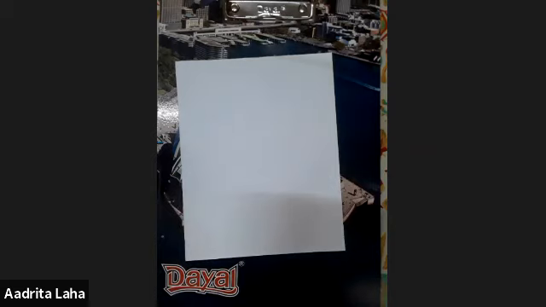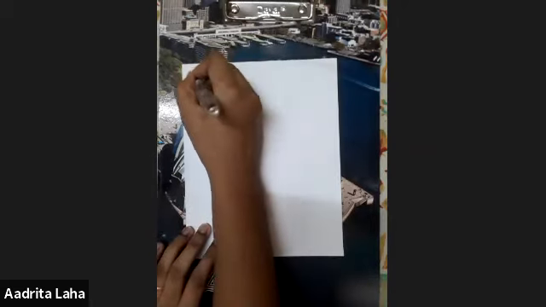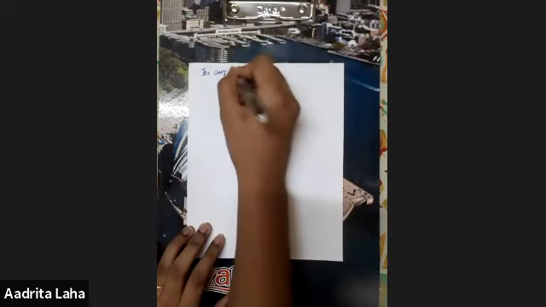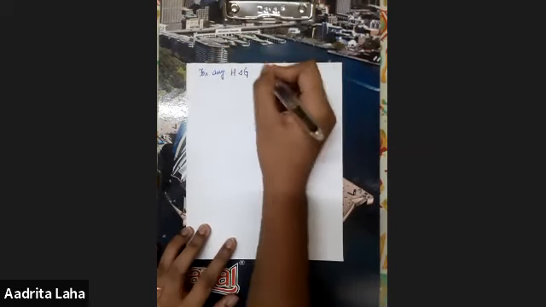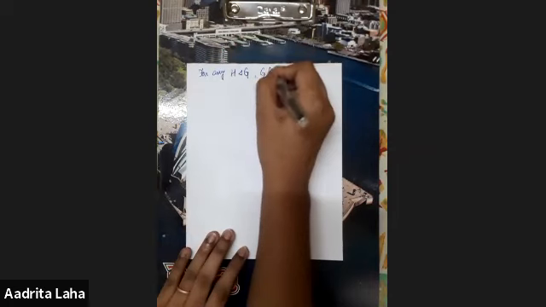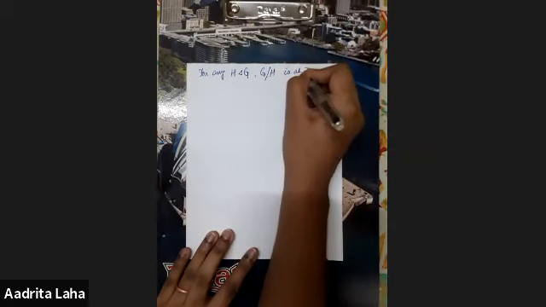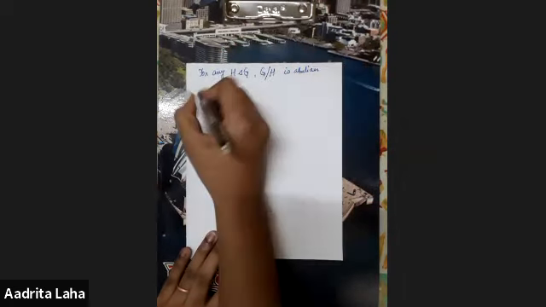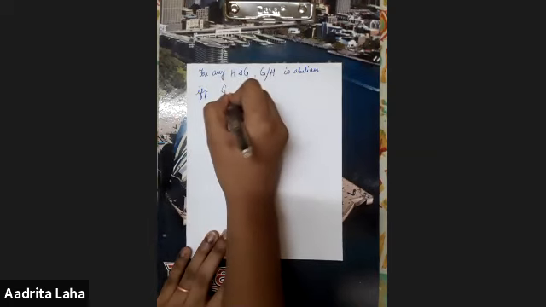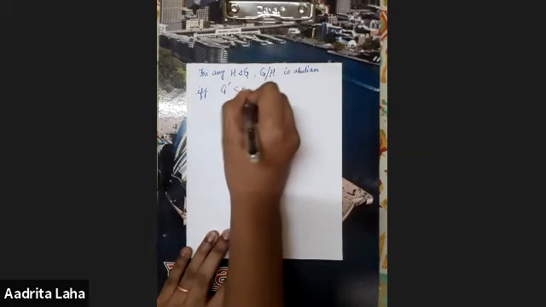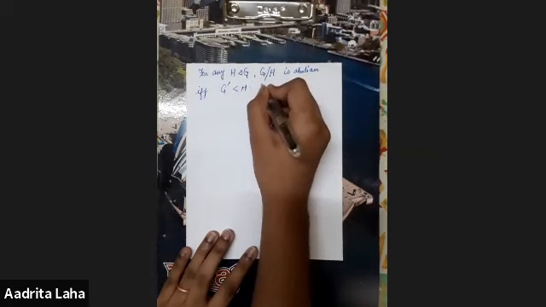Take any subgroup. For any H normal in G, we have G mod H is abelian if and only if G prime is a subgroup of H. So how can we say this?